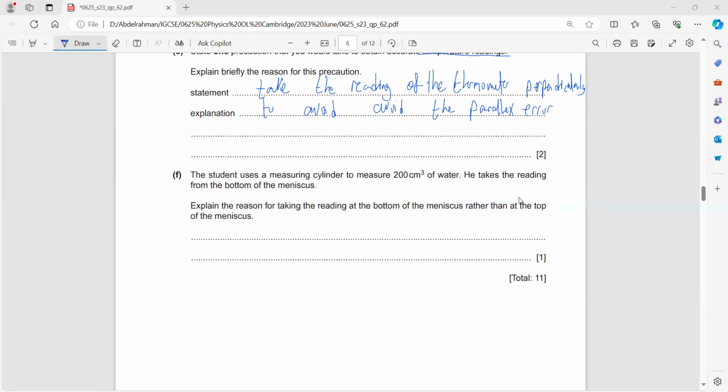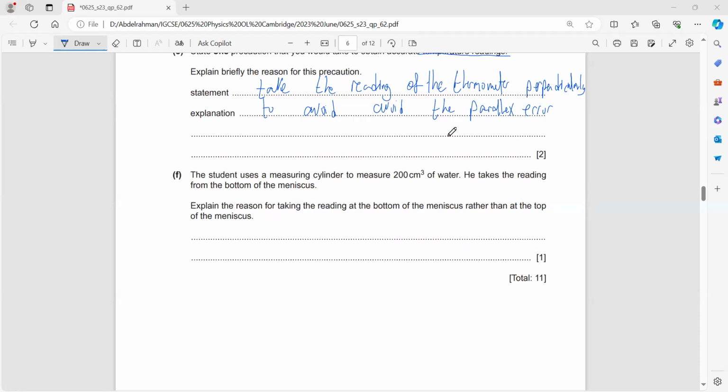Why do we take the reading from the bottom of the meniscus? Does anyone know? We always say take the reading from the bottom of the meniscus. So why is that?